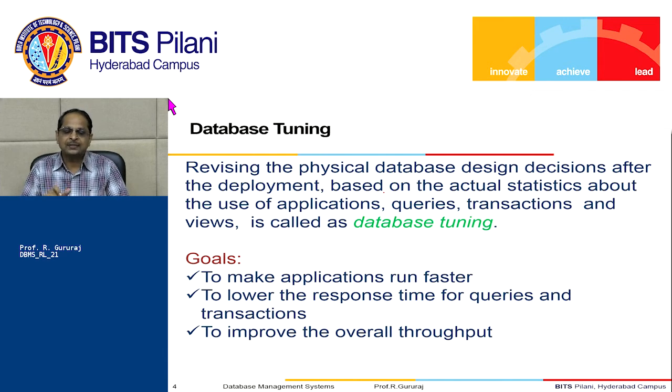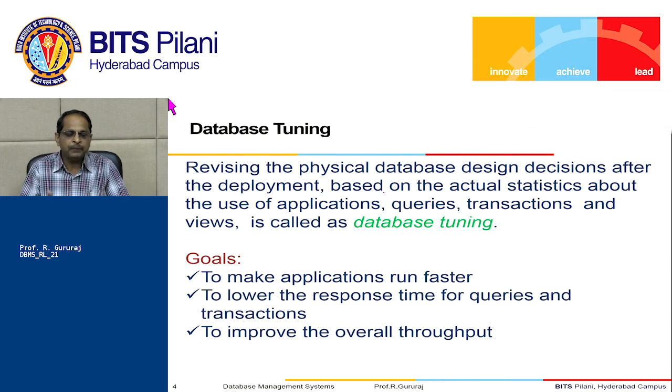This is known as the database tuning process. Hence, database tuning happens only after the system is deployed. Once it is deployed, we observe the system and collect actual statistics with respect to the application and query execution for a certain amount of time, and then we analyze it and change our decisions with respect to physical database design.